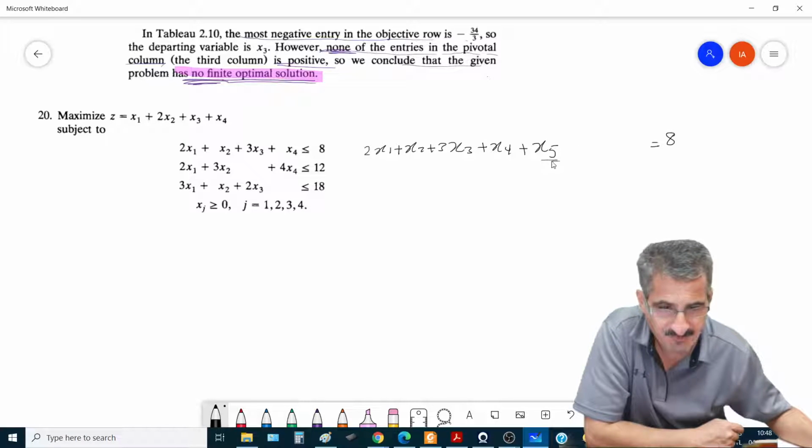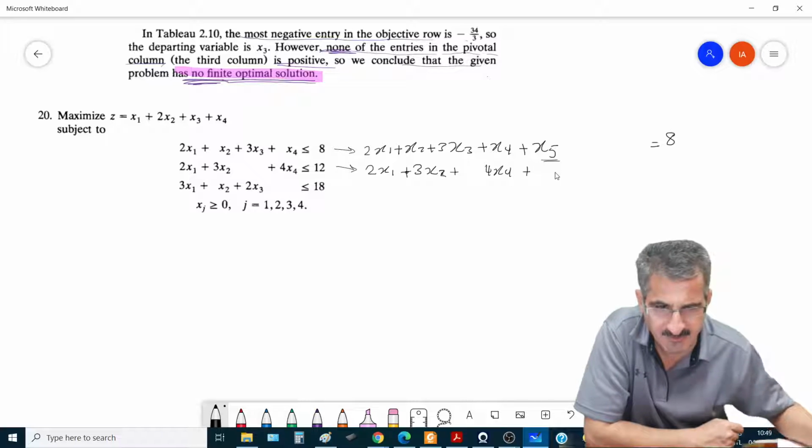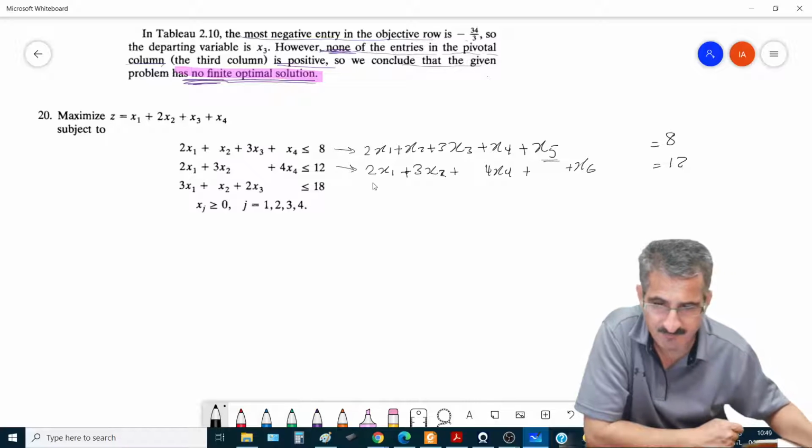So this is the first slack variable. Then 2x1 plus 3x2 plus no x3 plus 4x4 plus x5 equals 12.